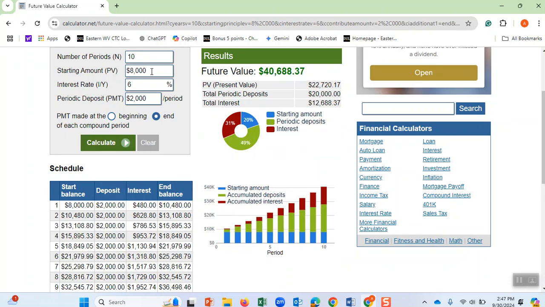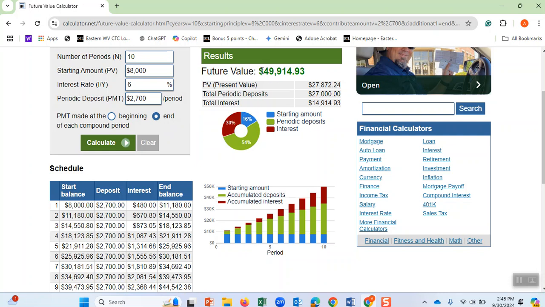If I put $8,000 today in the bank, every year I contribute $2,000, it will be $40,688. I am still short. I need 50,000. Let me put here 2,700 to see how much it comes to. 2,700, and I click calculate. Do you see? It came to 49,000, almost 50,000.